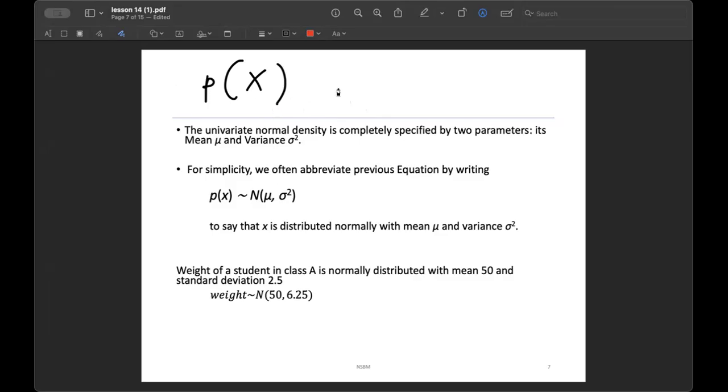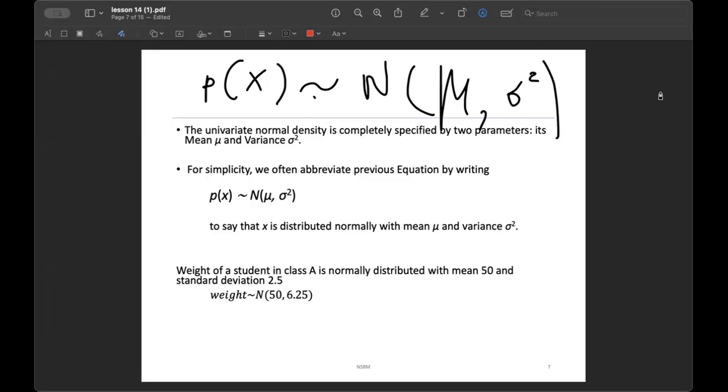P follows a distribution, the normal distribution with mean mu and variance sigma squared. That's how we normally read this expression. The univariate normal density is completely specified by two parameters, its mean mu and variance sigma squared.